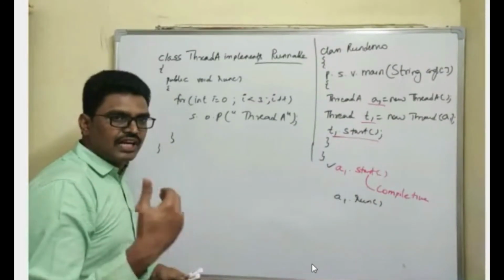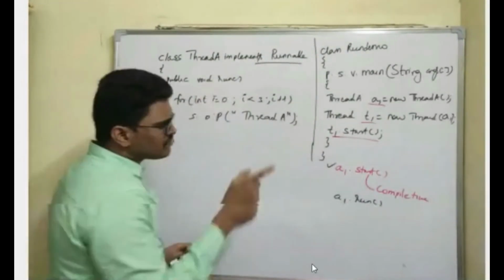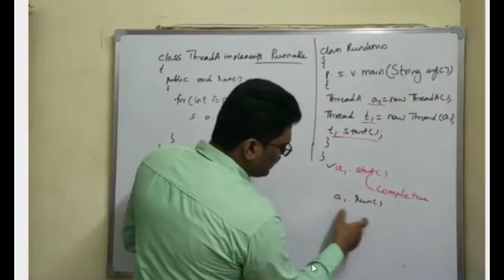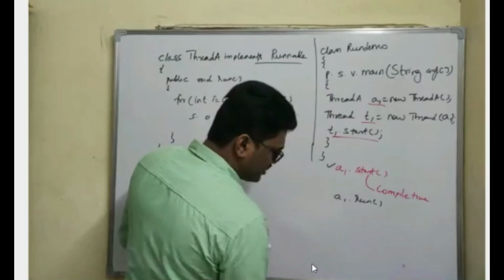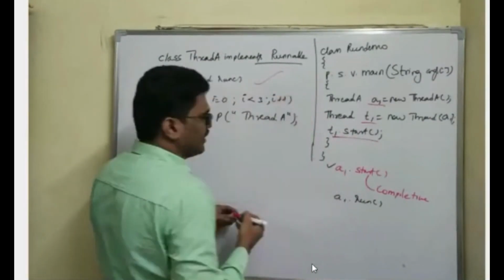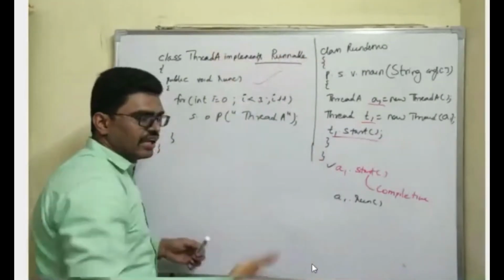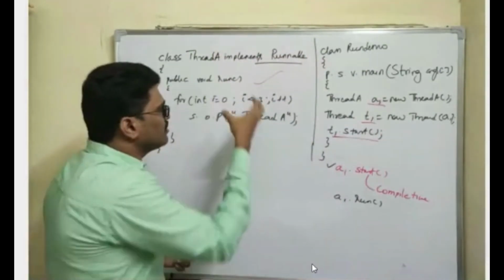Runnable interface contains only one method, that is the run method. So now if I call a1.run, you will not get any error, but it executes as a normal method. So this run method will be executed, not the run method which is in the runnable interface.